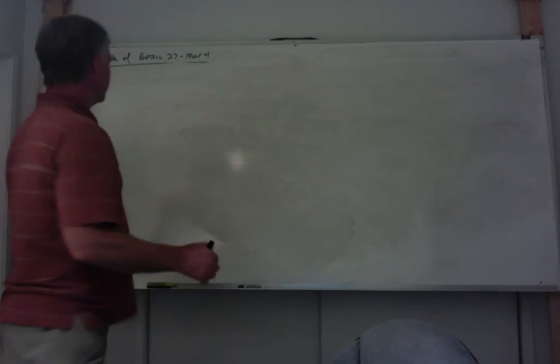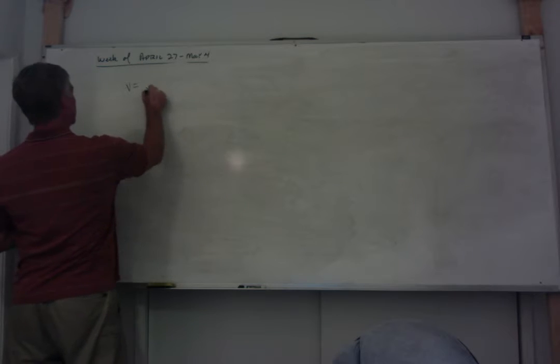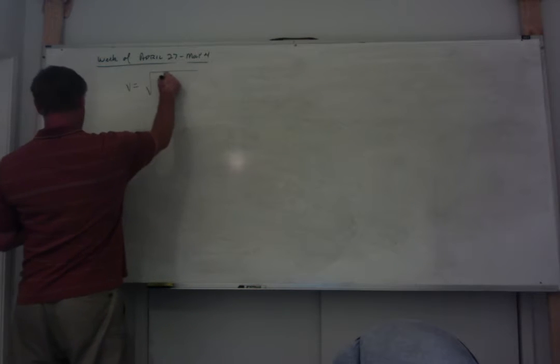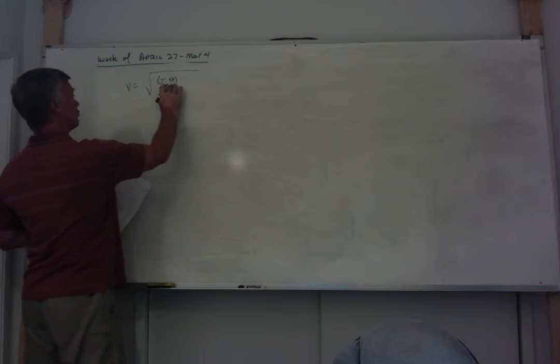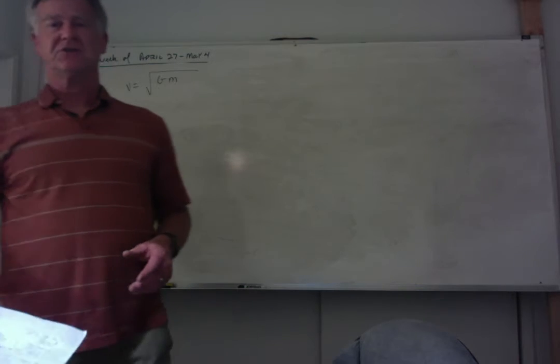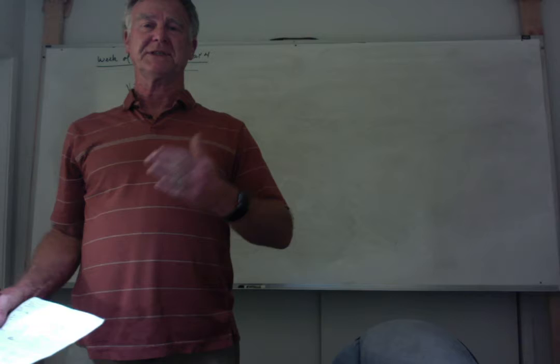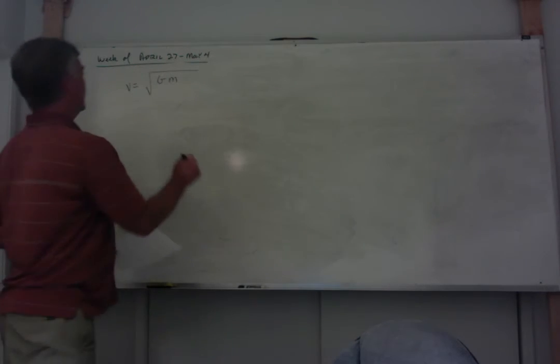So the first equation out of this chapter is this one. V is equal to the square root of G times the mass of whatever you're orbiting. Now, this is the hardest part for me in this section because your book will switch between the Earth, the Sun, or whatever. I'm going to put E here for mass of the Earth.